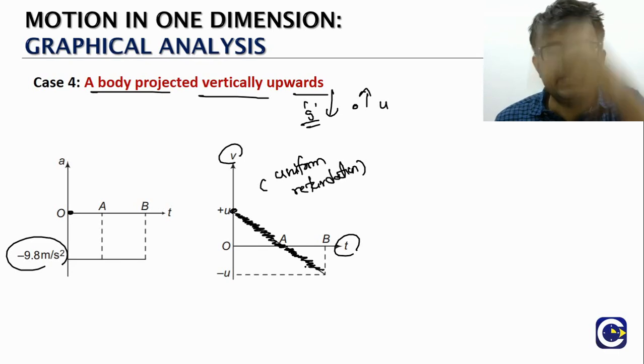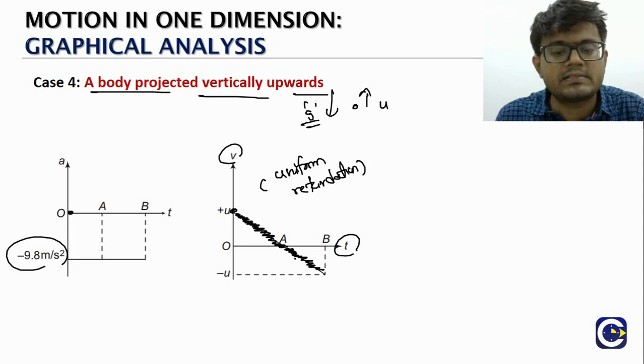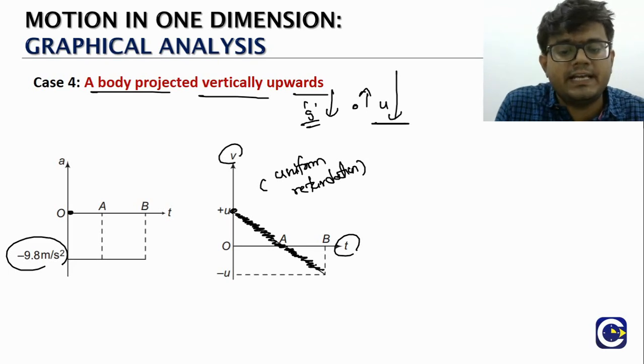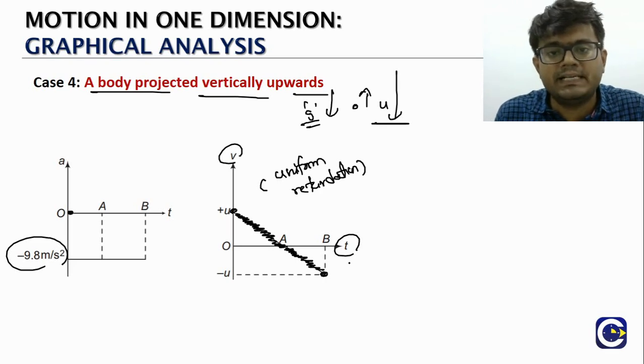So the velocity will increase but with a negative value. Overall in the entire journey, the slope of the velocity time graph is the acceleration value, which will always be constant. You can see it will be a single straight line. By the time it is coming back to the surface of Earth again, the velocity will be exactly the same value, assuming air resistance is not present.